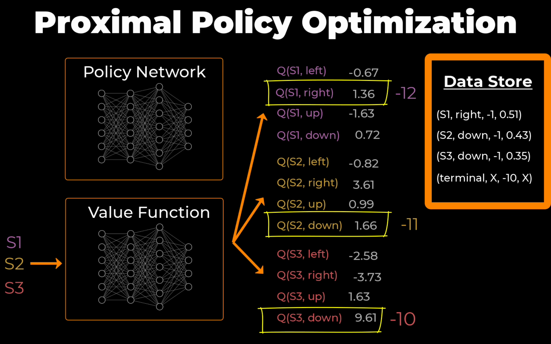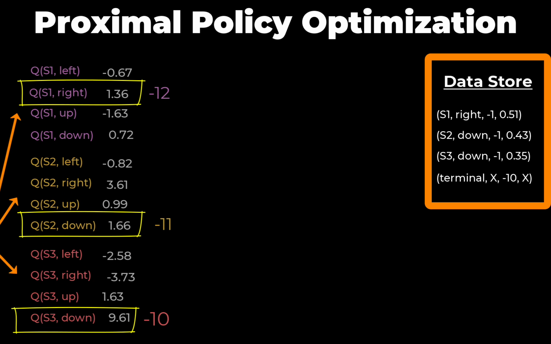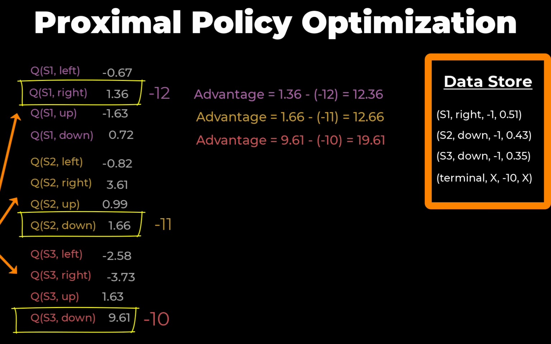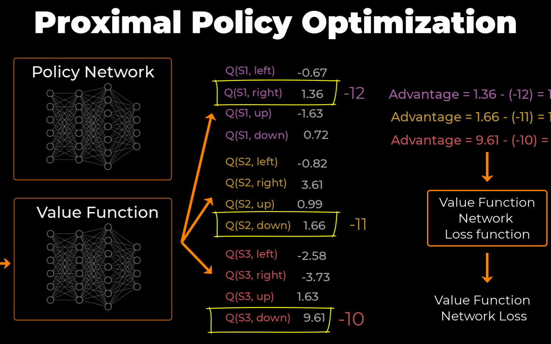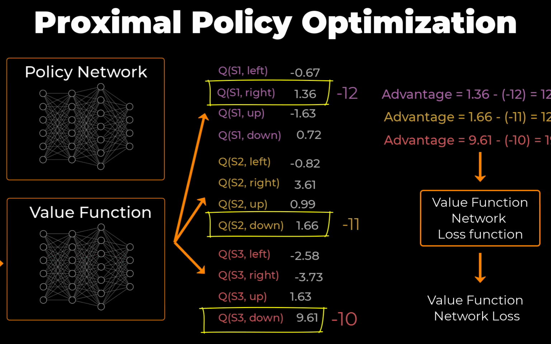And this will quantify how good did we actually perform. We take the difference between these two values, and this difference is known as the advantage. We use this advantage in order to compute a loss. This loss is then backpropagated through the value function network, and so it learns.